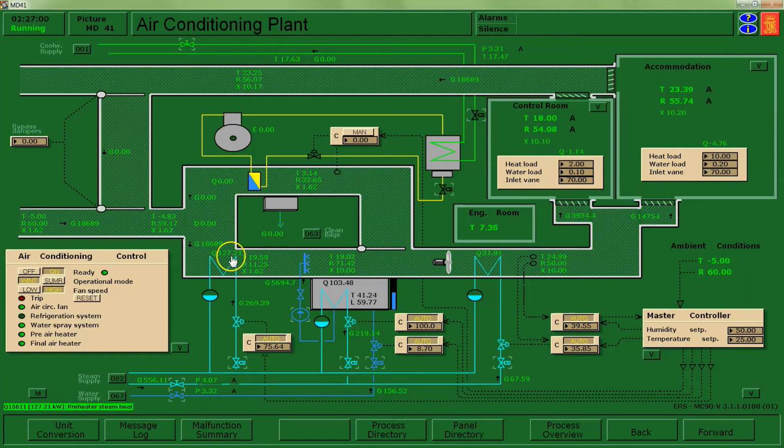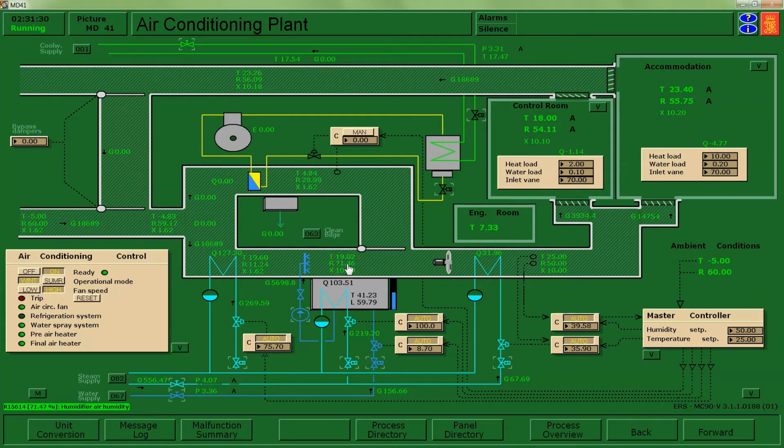It then goes through a heat process. So Q there, 127 kilowatts. And that brings my temperature up to 19.5 degrees and my relative humidity of 11%. I then go through a humidification process.